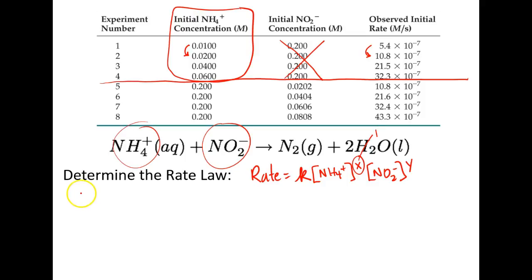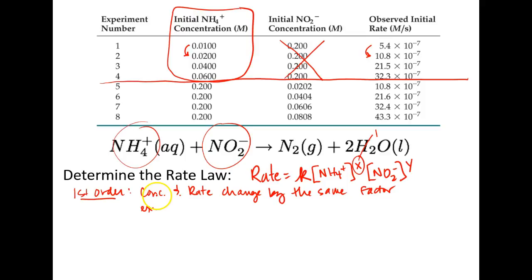So when we say something is first order, this is a good thing to put in your notes. For something to be considered first order, we would say that the concentration and rate change by the same factor. So for example, let's say the concentration doubles, and that causes the rate to double.